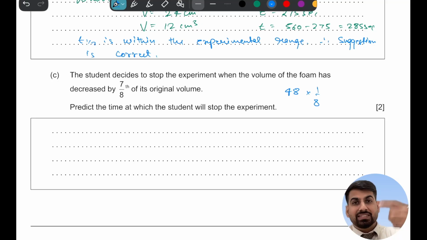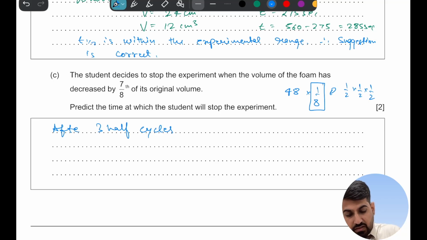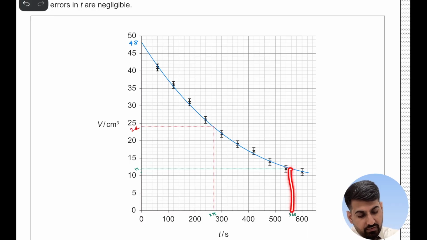So 1/8 is how many half cycles? Half cycle means it is decreasing every time to half of its initial value. So when we get 1/8 of this value, 1/8 means 1/2 times 1/2 times 1/2. So three half cycles. Here we can only go to the second half-life. So after this, when it goes from 12 to 6, let us say this is 5, this is 6.